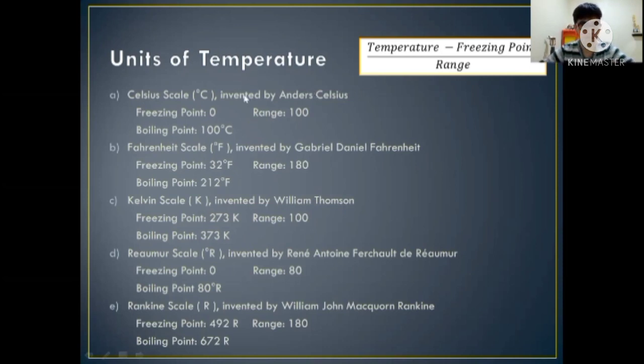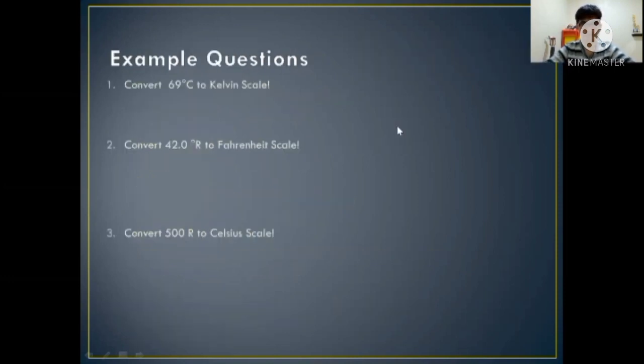Alright, since I'm done explaining the units of temperature, now for some example questions. Let's get into it. Alright, in here I have 3 questions. Some of you may answer them, but here I'm just gonna explain it.